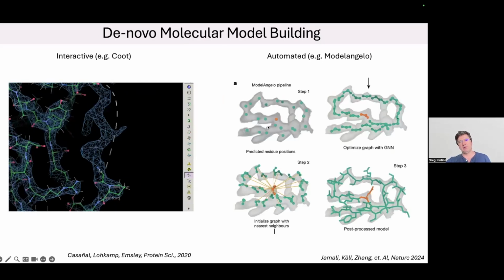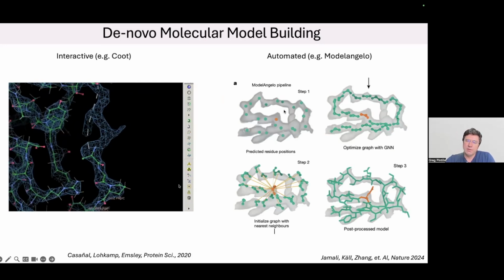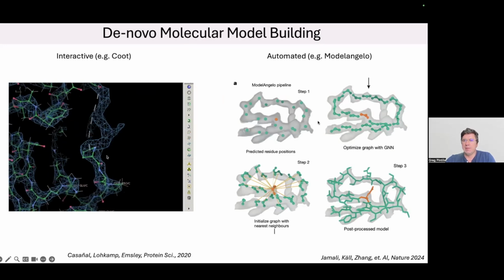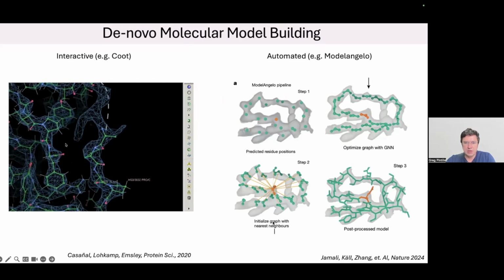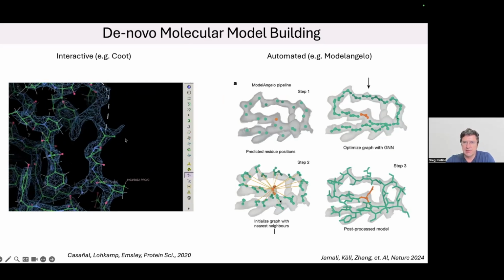More recently, there have been more automated tools to do this. For example, one recent method is ModelAngelo. This one will automatically try to identify residue positions in the map, and then based on these residue positions, it will try to join them together using a graph-like approach with nearest neighbors. This graph is then optimized with various tools, neural networks.